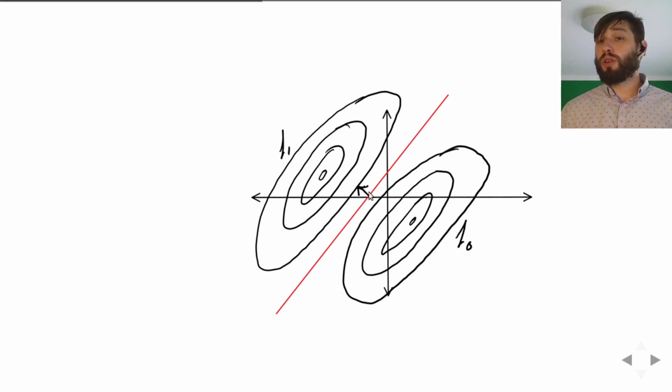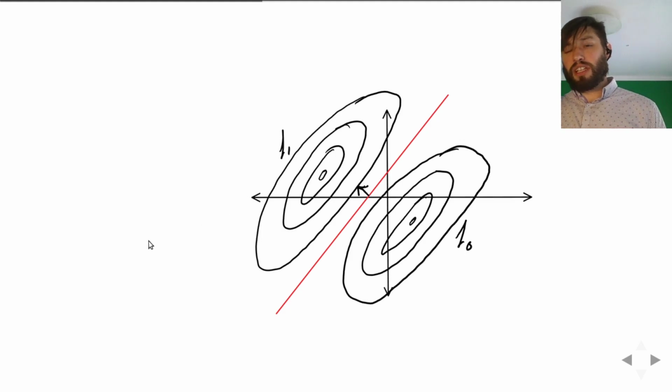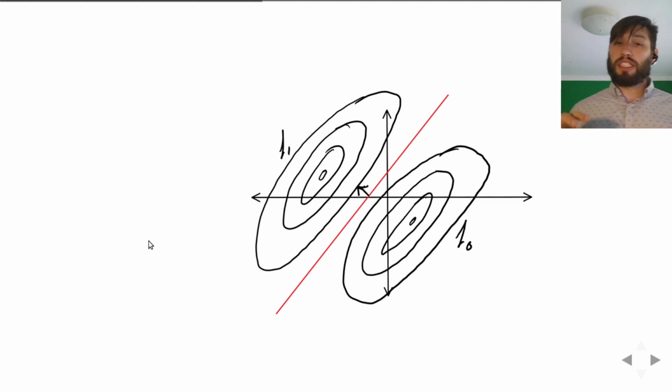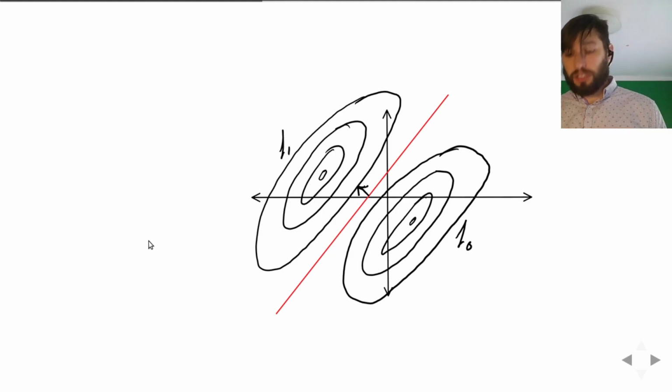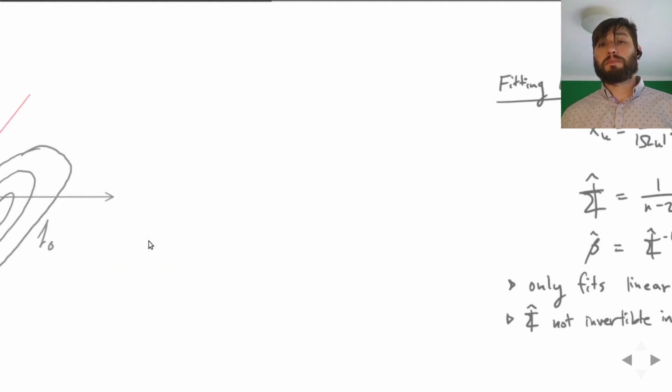The beta is normal to this line, and it's pointing in the direction of class 1. So what we've learned is that when we assume that sigma is the same between class 1 and class 0, then that likelihood ratio classifier turns out to be a linear classifier in the sense that we're just looking for a line that determines which class we're going to predict.